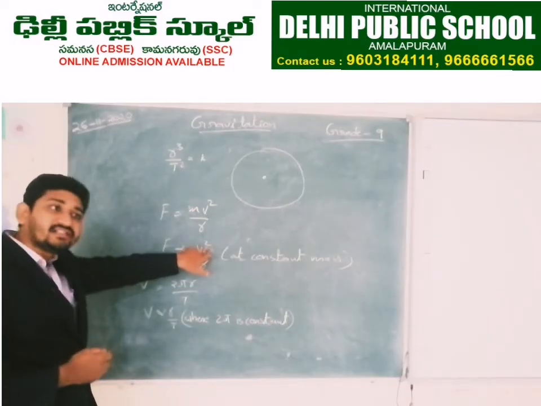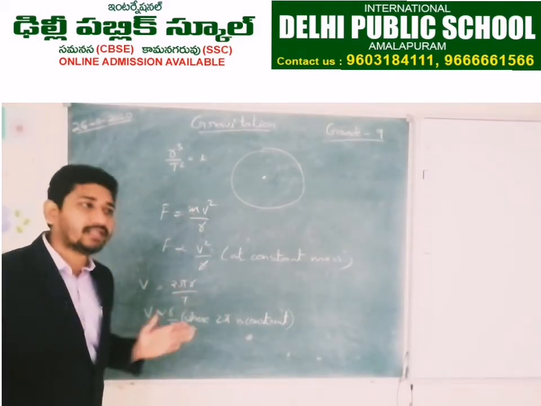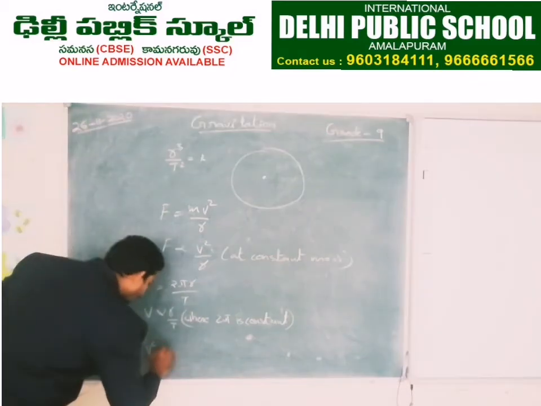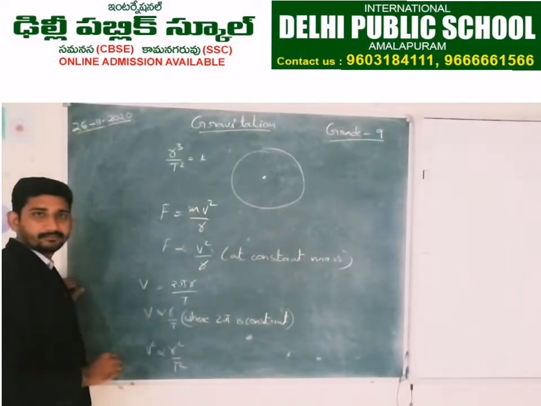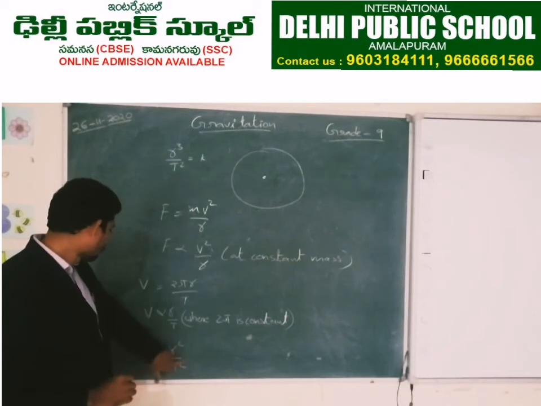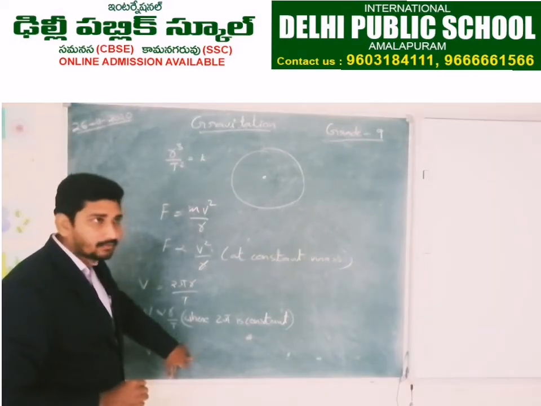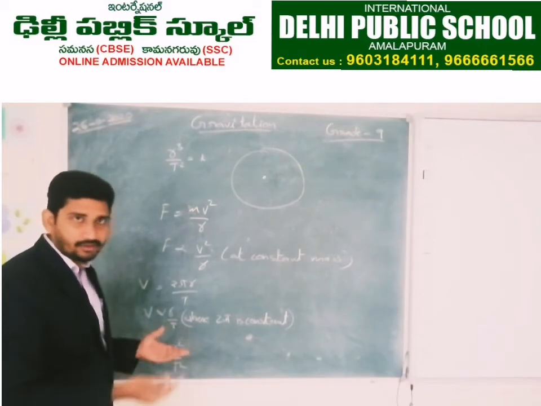Here we have v². So let us square on both sides. v² ∝ r²/t². Now I am multiplying with r and dividing with r. What will happen? Nothing will happen. The value will not change, no?